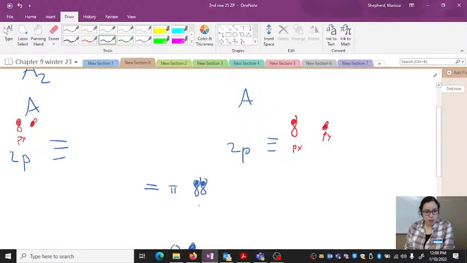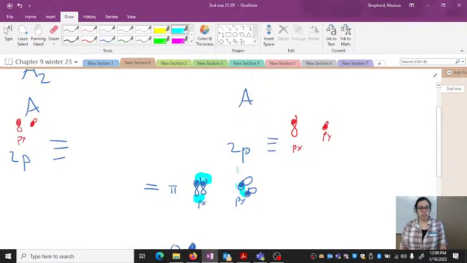Then you can draw them: px where they're in phase, and py where they're in phase. Again, in phase just means these two are the same color now. Your p orbitals have opposite shading on the lobes, but you're looking for that through-space interaction. So you have that pi bond through space, and these two have the same shading.